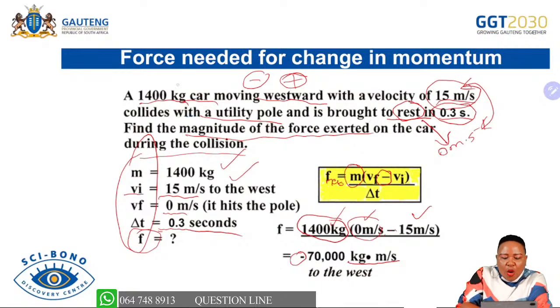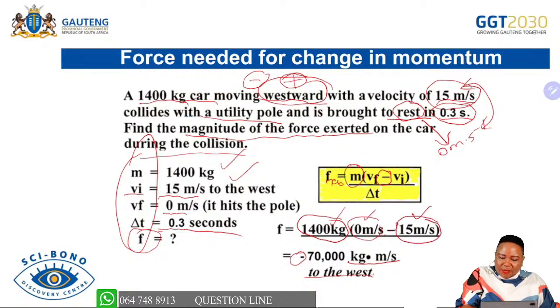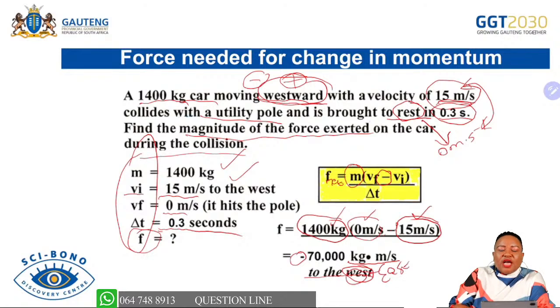So you can see that this was westward. It was moving westward. If we take west as positive, and it gives us a negative number, it means the force is going opposite to our direction, because we are opposing the motion of the object. But if here it was minus 15, it means we have taken westward as negative.